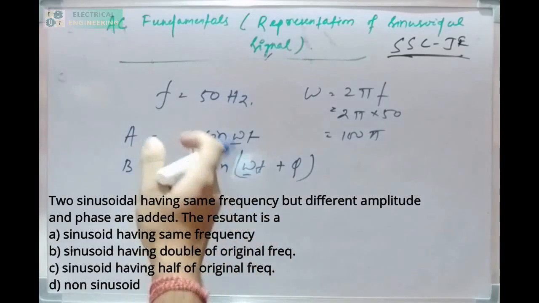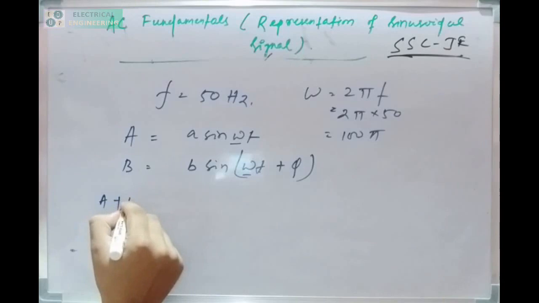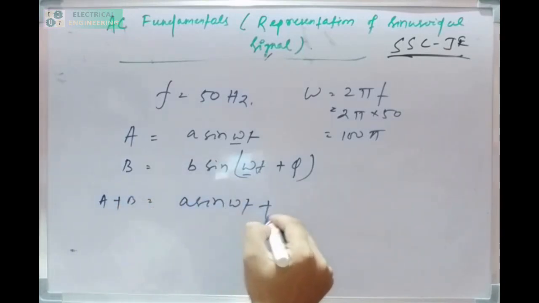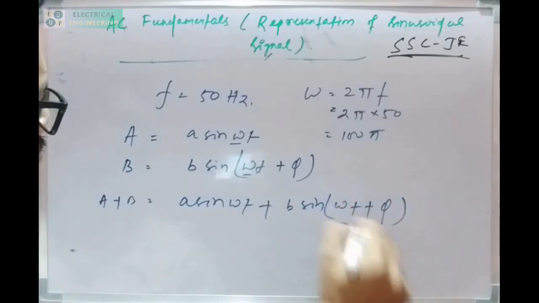So let us add these two algebraically, or just using trigonometry. We'll add these two, a plus b, that is A sin omega t plus B sin omega t plus phi.